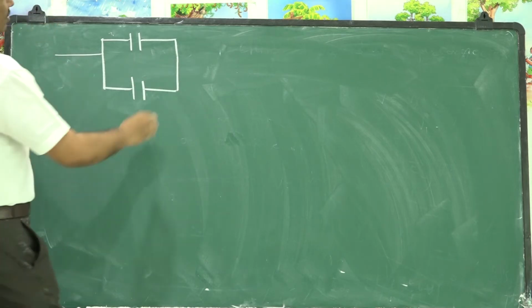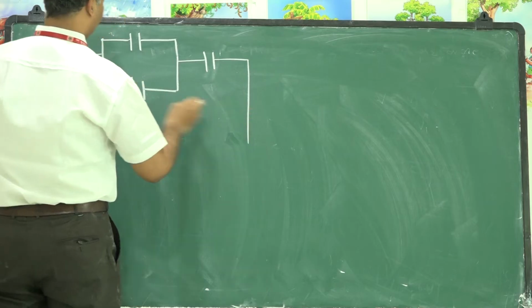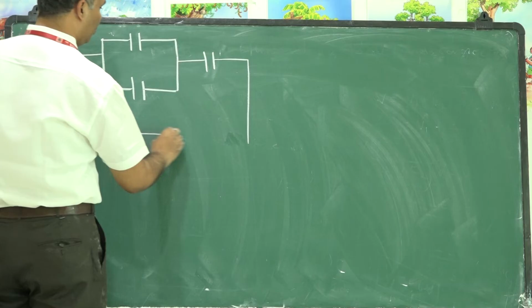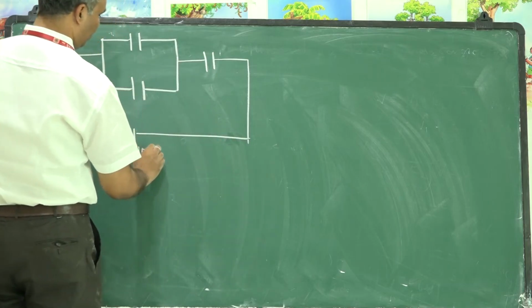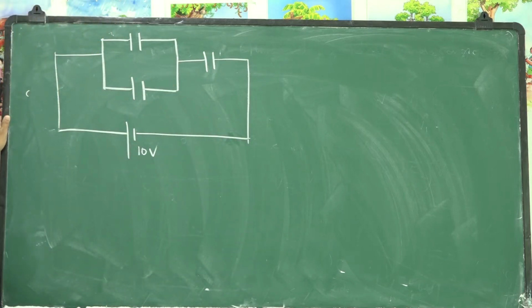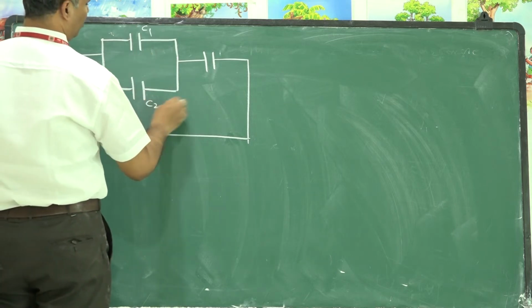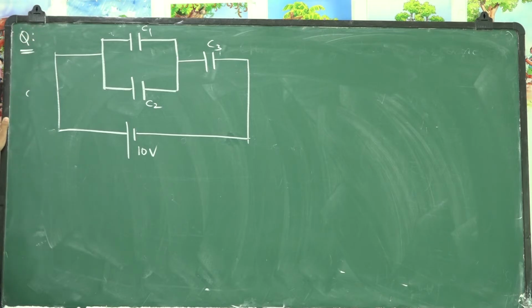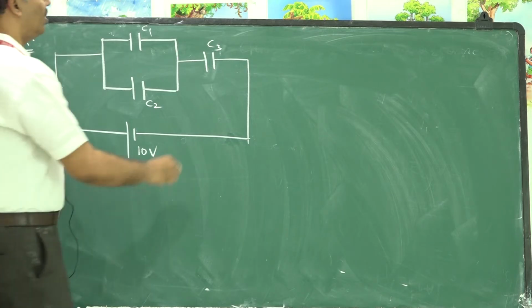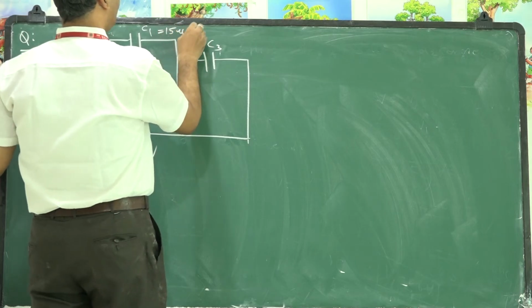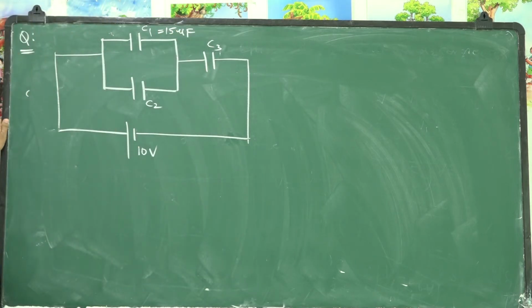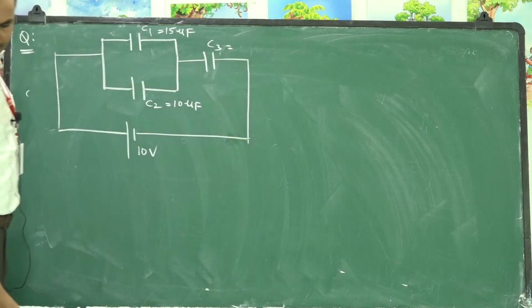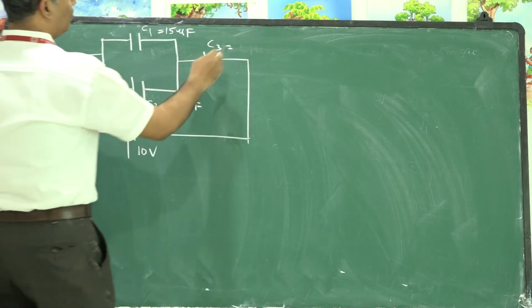This is connected with another capacitor, and here EMF of the applied battery is 10 volts. Let it be C1, C2, C3. In question, they gave C1 value as 15 microfarad, C2 value as 10 microfarad, C3 value as 25 microfarad.